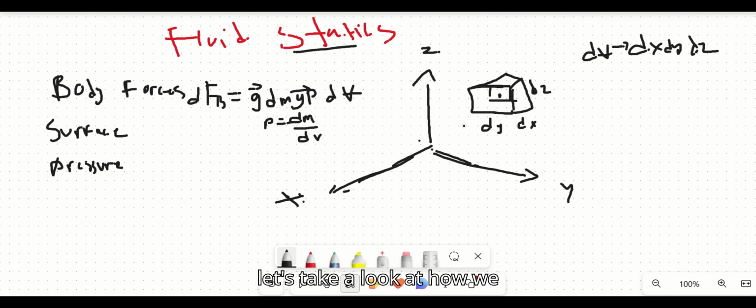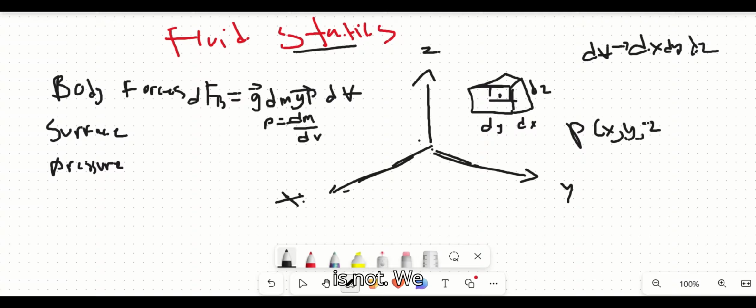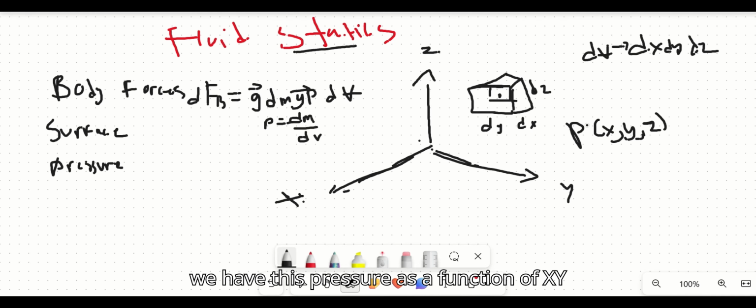So let's take a look at how we're going to do this pressure. We're going to treat pressure as a scalar field, because pressure acts in the direction that's normal. It's not a vector field, right? It doesn't have its own components. And so now we have pressure as a function of x, y, and z.